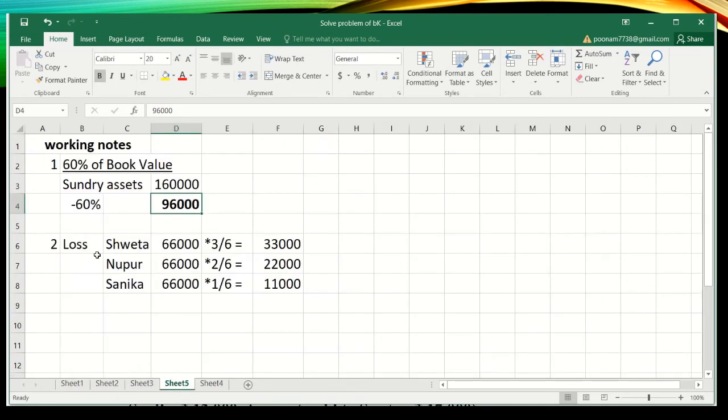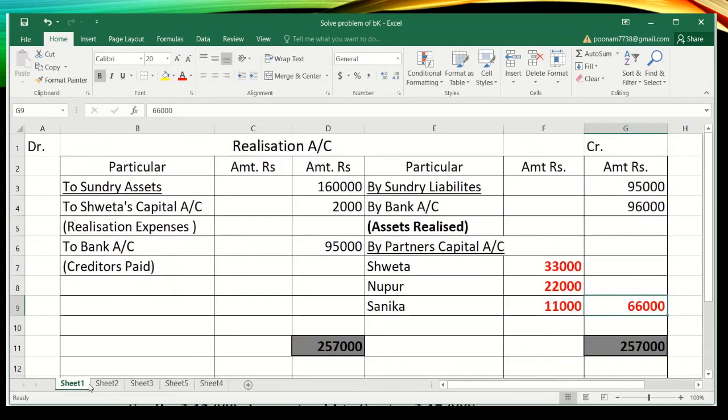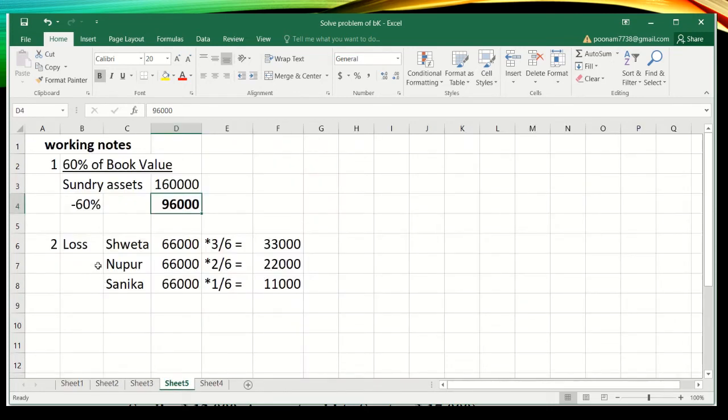As you can see, if the debit side is higher, it is a loss situation. So how will we solve? Loss: Shweta 3/6, 66,000 multiplied by 3/6 is 33,000; Nupur 2/6 is 22,000; Sanika 1/6 is 11,000.